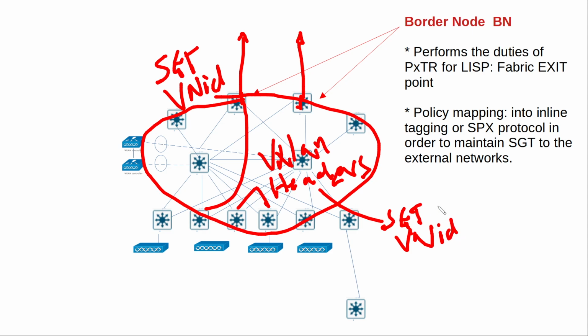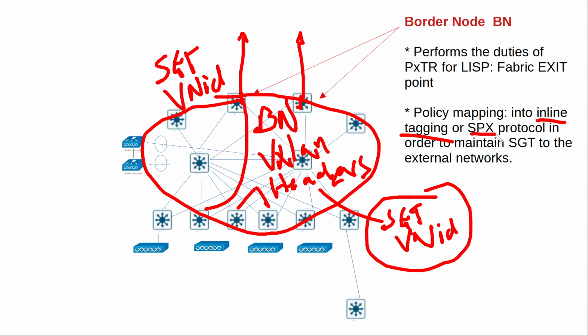But if we want to maintain this information outside the fabric when traffic goes outside the fabric, then the border nodes will have to rely on some features of TrustSec, such as inline tagging or the SXP protocol, in order to maintain this information outside the fabric.